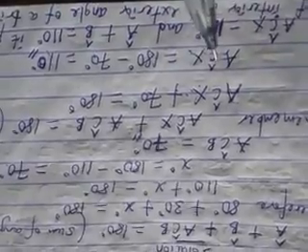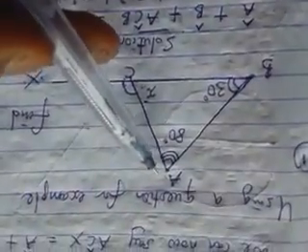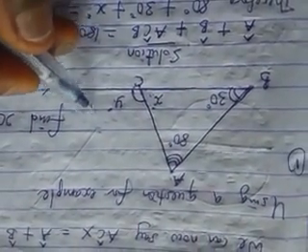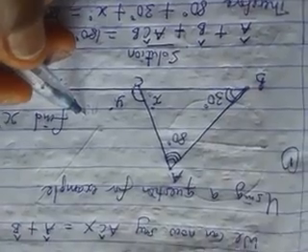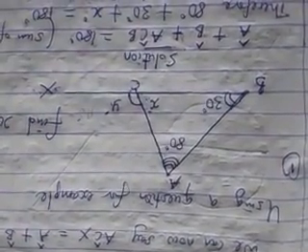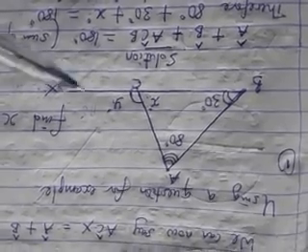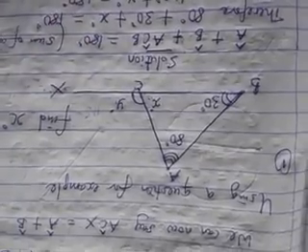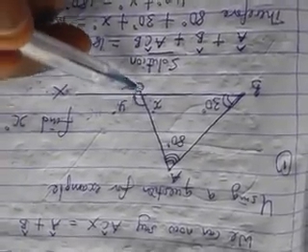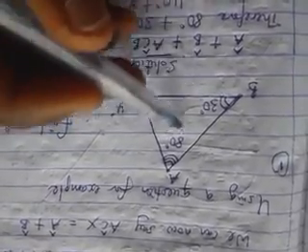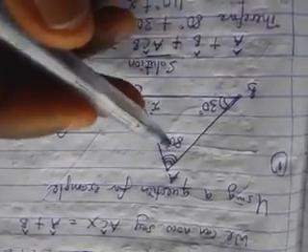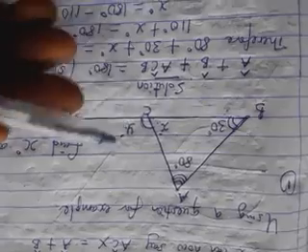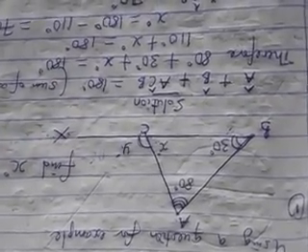Therefore, angle ACX is 110 degrees. Now that proves our deductive point, which says the exterior angle is equal to the sum of the opposite interior angles. Therefore 80 plus 30 is 110, and this angle Y is also 110 degrees.